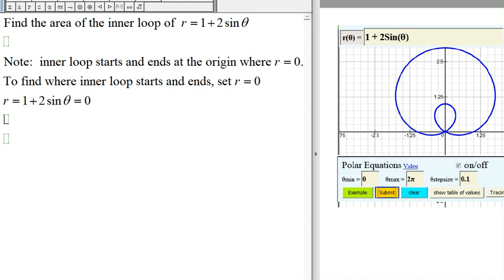Then subtract 1 from both sides, and we get 2 sine of theta is equal to negative 1. Then divide both sides by 2, and we get sine theta to be negative 1 half.